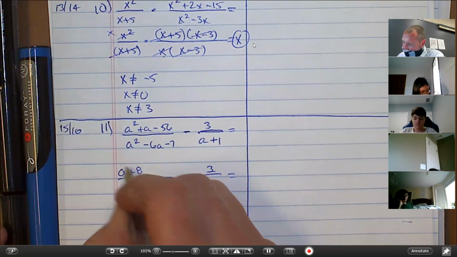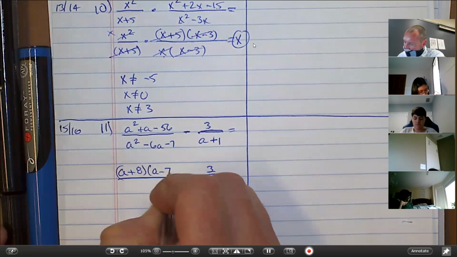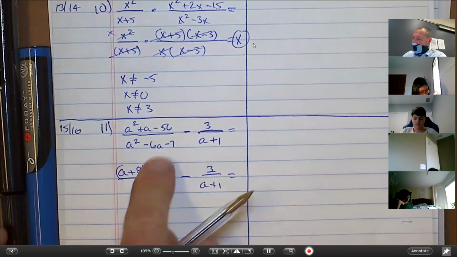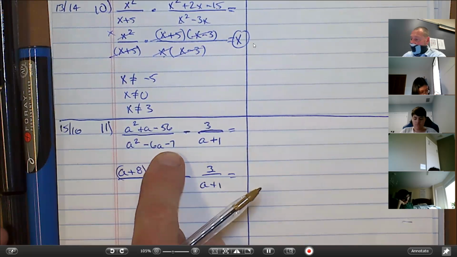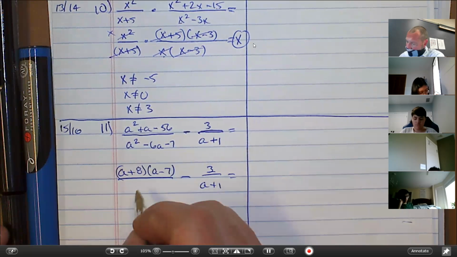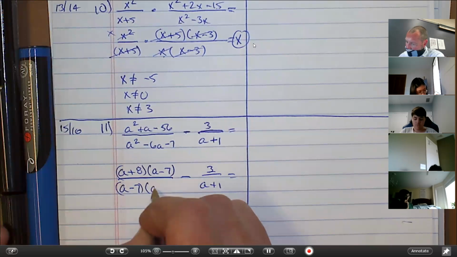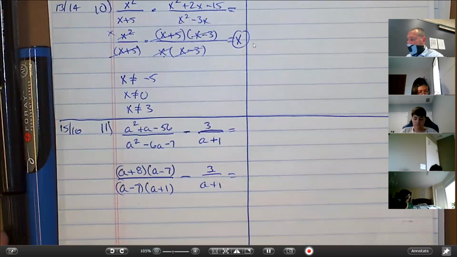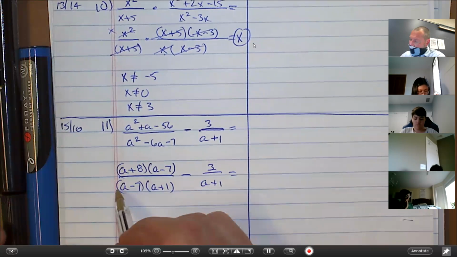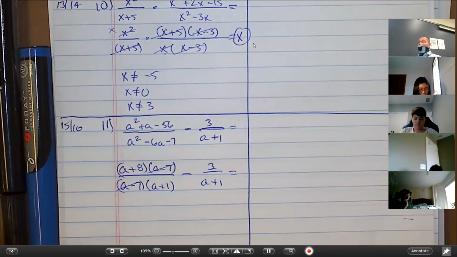That's a plus 8 and a minus 7, I believe. Over here, two numbers that multiply together give me negative 7, add together and give me negative 6. How about a minus 7 and a plus 1? Really, that makes things really nice because those a minus 7s actually cancel out.